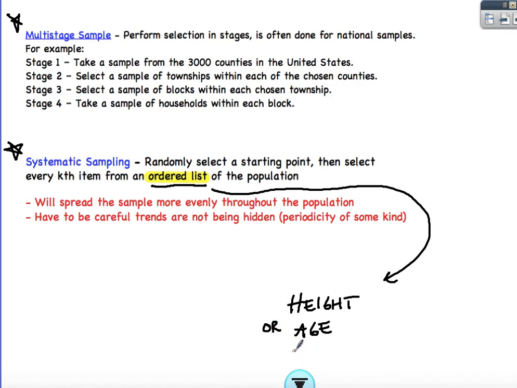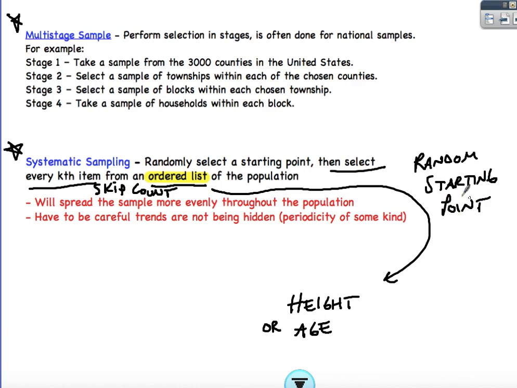And then what you're going to do is skip count. That's where it says then select every kth item. So that's skip counting. But you have to have a random starting point. Don't always start with the first person.